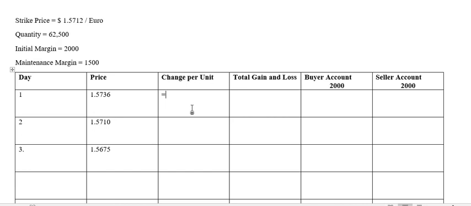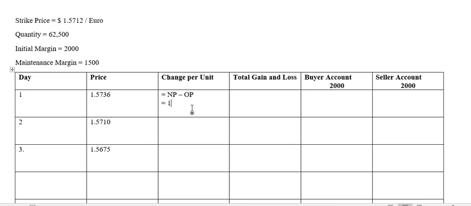Change per unit can be calculated by the new price minus the old price. In the previous type of numericals that we solved for the future contract, we used to have new contract value minus old contract value. Here we are using new price minus old price.